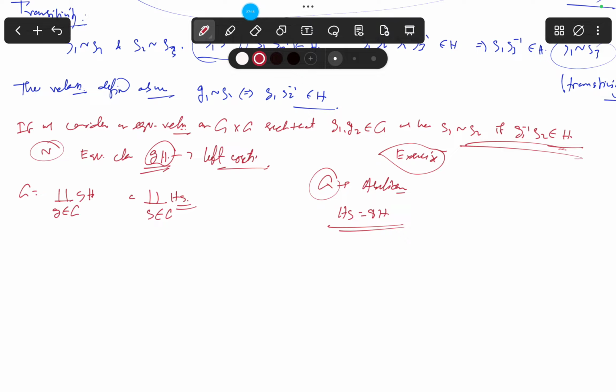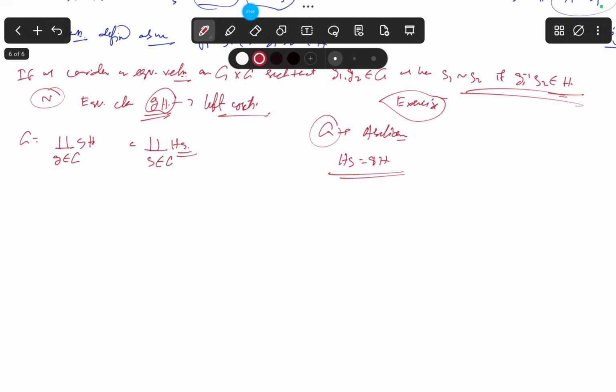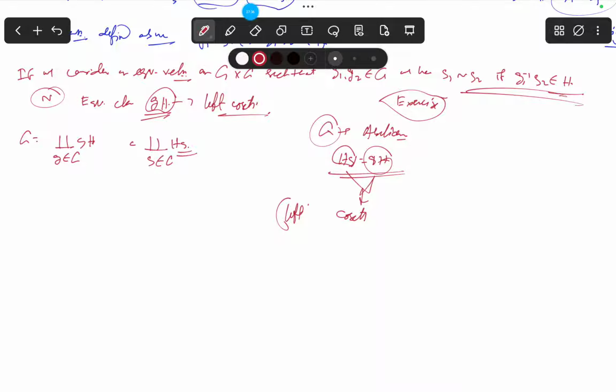But all the time the left cosets and right cosets may not be the same. So we may call these cosets based on the position, either left or right. These are the cosets generated by, or represented by, small g.